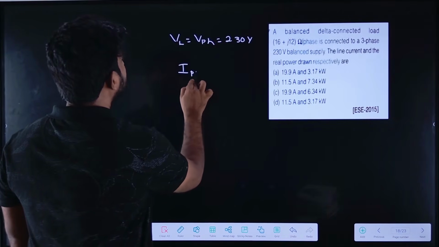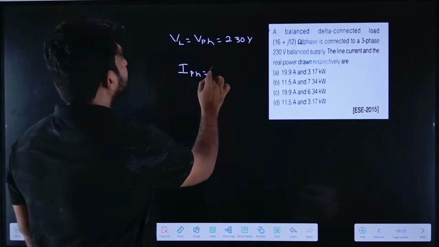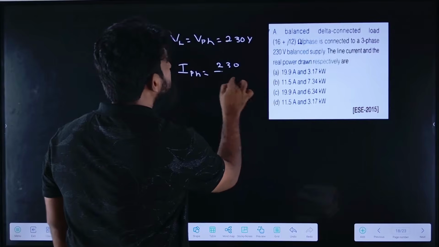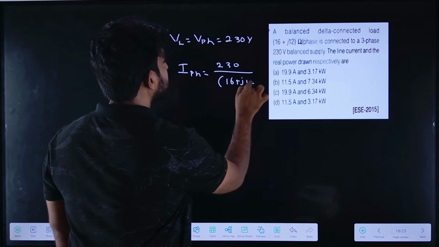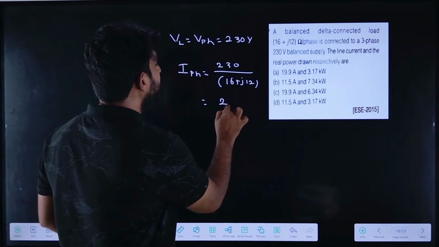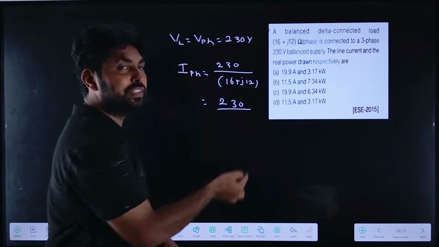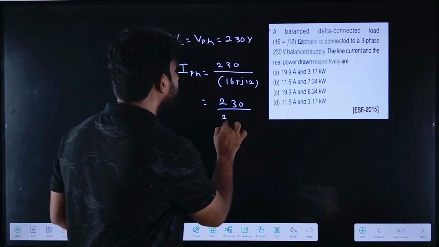How can you find the phase current? Phase voltage divided by impedance. The phase voltage is 230 volts. The impedance is 16 plus J12. So it is 230 divided by 16 plus J12, where the square root of 16 squared plus 12 squared is 20.